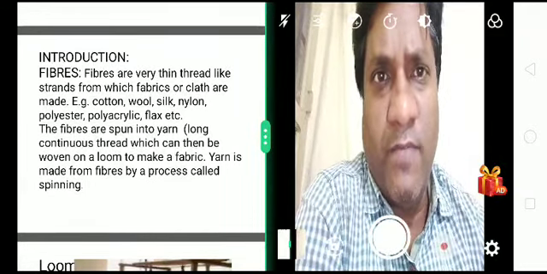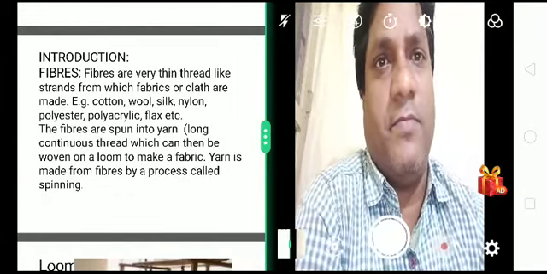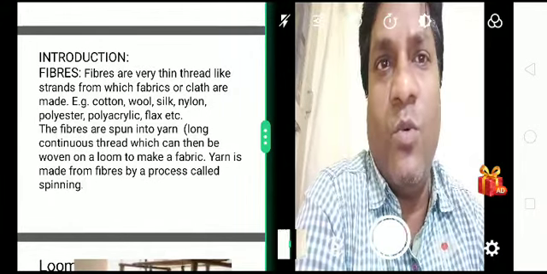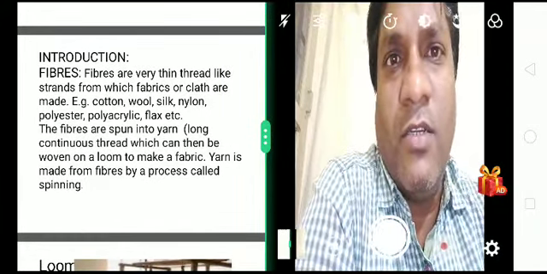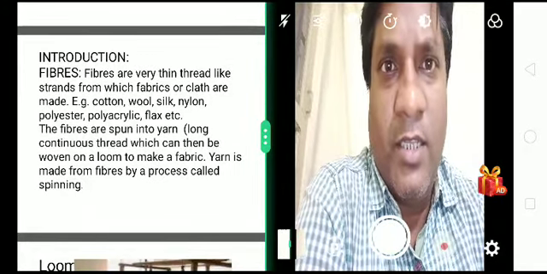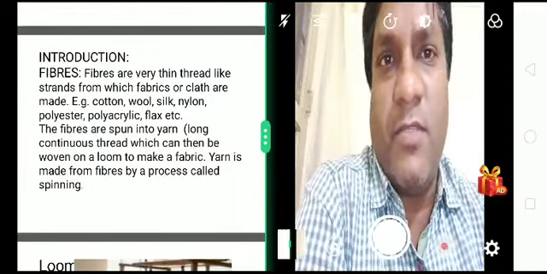So those very thin strands, they are called fibers. Fibers are there in cotton, wool, silk, nylon, polyester, polyacrylic, flax, etc. So these are the different types, different varieties of fibers.